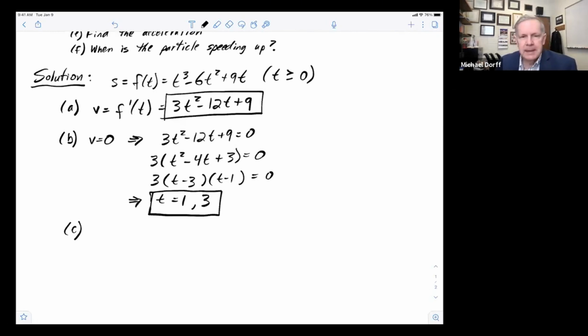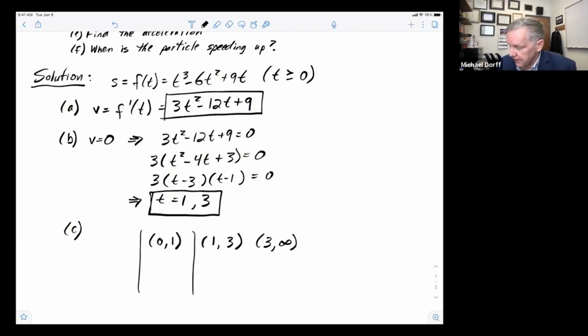So I can think of this as that the t equaling 1 and 3 is giving me some intervals. So my intervals would be 0 to 1, because 0 is where I start, 1 is where it's at rest, and then I would have 1 to 3, because that's the next time it's at rest or stops. And then the next interval would be 3 to infinity, because it keeps going, it never stops again.